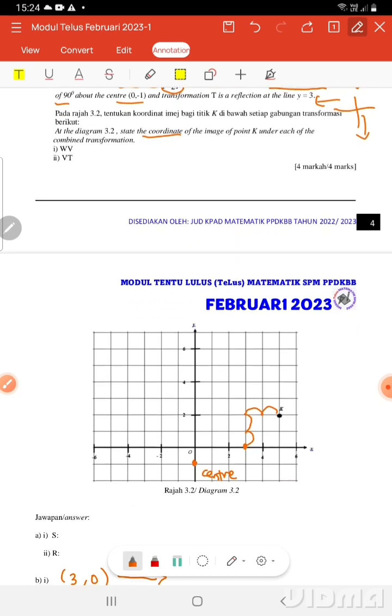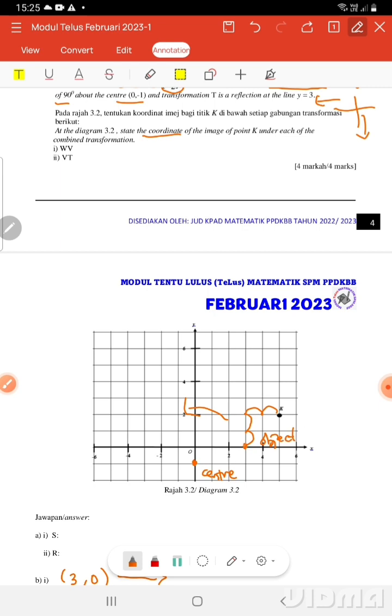So anti-clockwise meaning that the line will go this way. For this one, I can teach you a method, and you can apply it if you understand, but if you have another technique, it's okay to use. I'm just sharing.